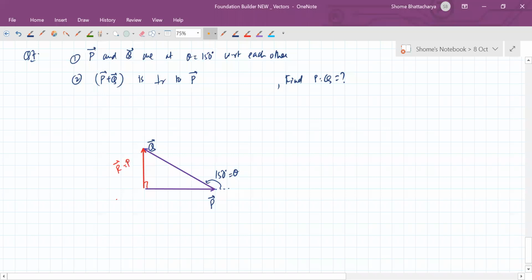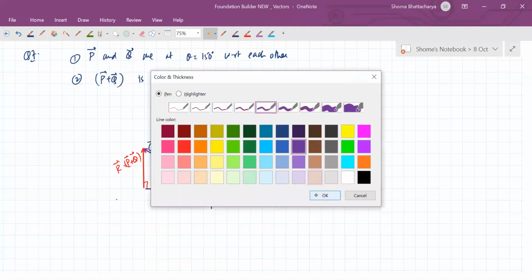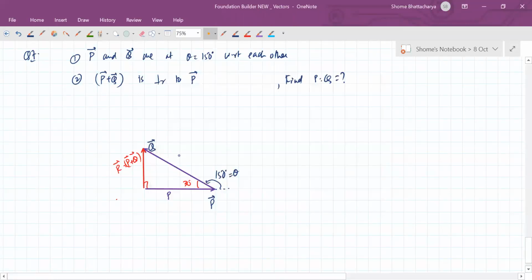So the resultant of P and Q has to be at 90 degrees. Okay, so this angle you can see is 30 degrees, and the magnitudes of these sides are P and Q. So P is to Q we have to find out. So P by Q is base upon hypotenuse, so cos 30, so that is this.